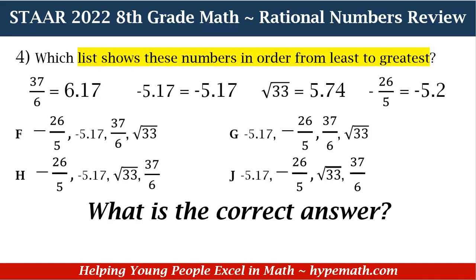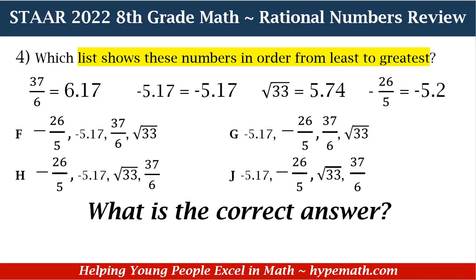So in looking and comparing our different numbers, since we're ordering the numbers from least to greatest, I would first look at my negative numbers because they will be the smallest numbers. And we have negative 5 and 1700ths and also negative 5 and 2/10.